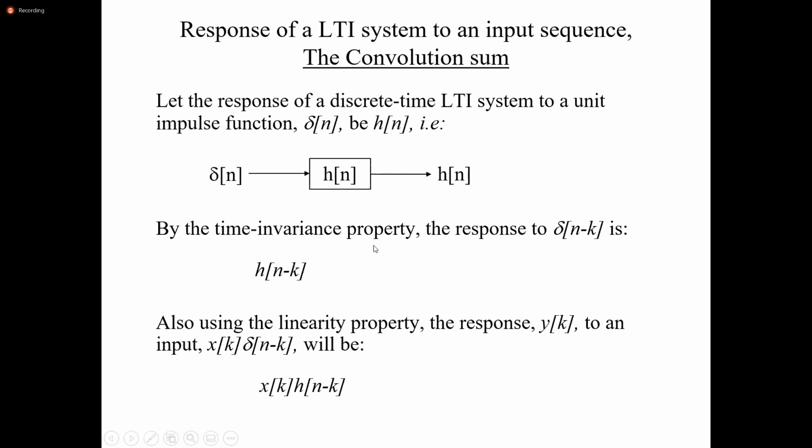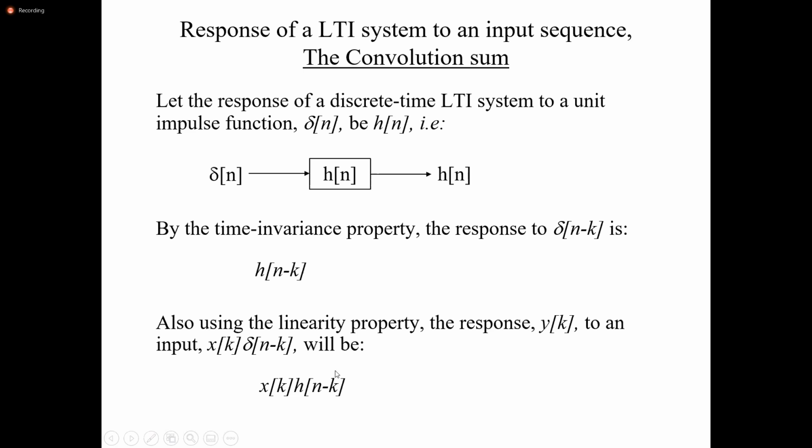So that is the time invariance property of the system. The other main property, of course, that we're interested in is the linearity property. So we know that if we multiply our input signal, and here we will use delta n minus k, by a value which is x of k, then that is the coefficient, and our output will only have a gain of x of k.